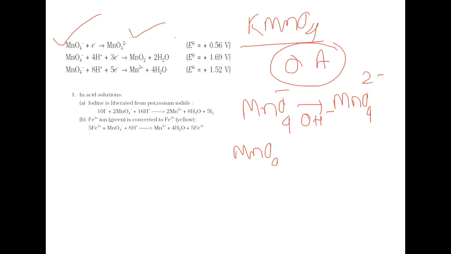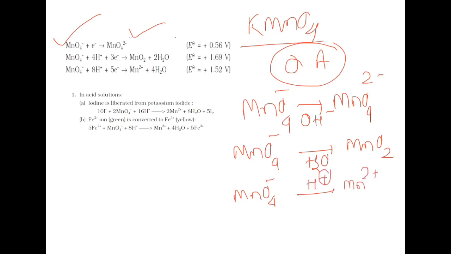Permanganate in neutral medium or weak basic medium is converted to MnO2 form. And if the medium is strongly acidic, it is converted to Mn2+.